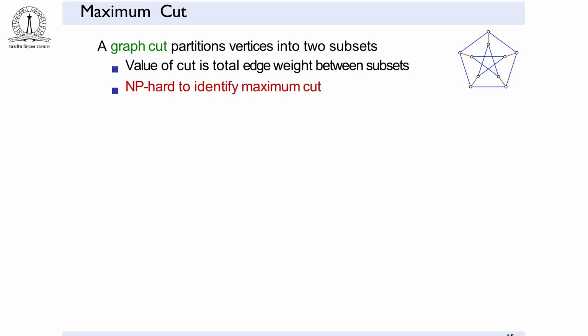And the red edges represent the edges from one subset to the other. 5 would be the size of this cut because there are 5 edges from one subset to the other. In general, searching over all possible cuts to identify the largest sized cut is NP-hard. One of the well-known NP-hard problems.